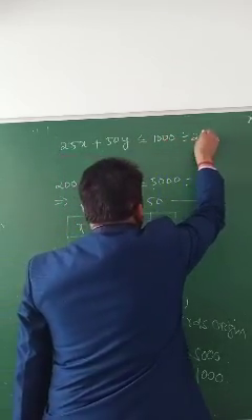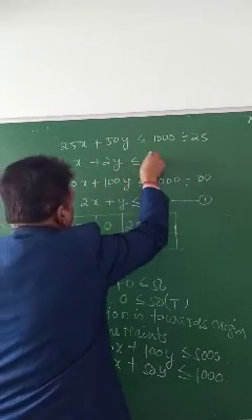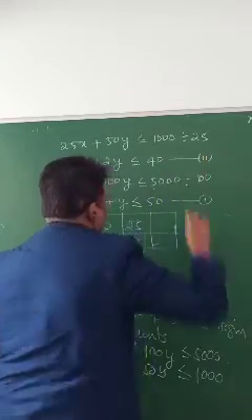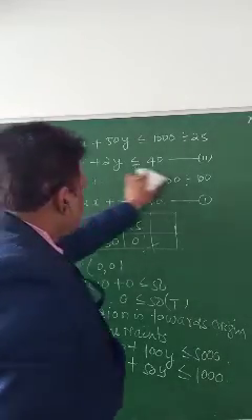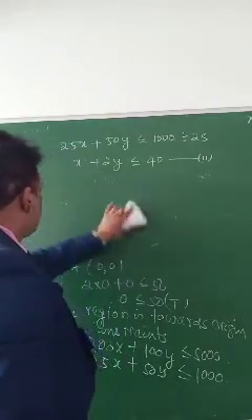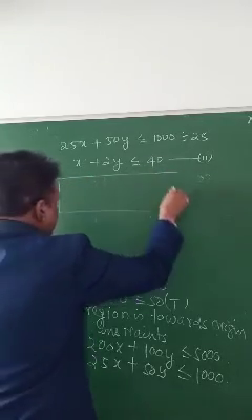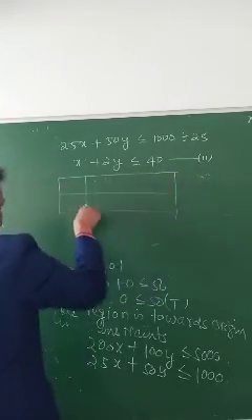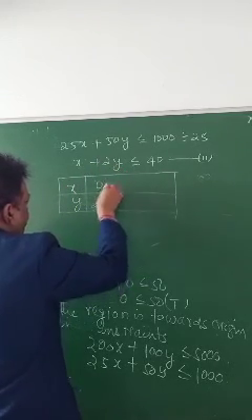Divide by 25: x plus 2y less than or equal to 40. Make a table: if x is 0, y is 20.